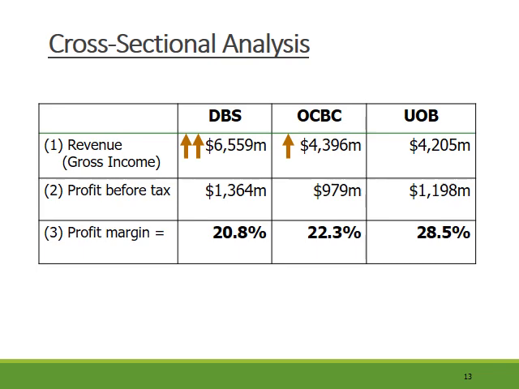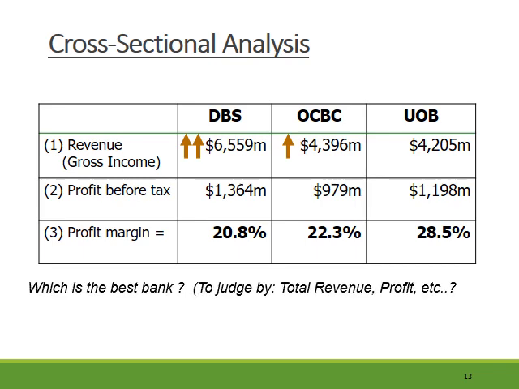Let's compare the three local banks, DBS, OCBC, and UOB. Judging on the revenue, DBS has the highest value, 6 billion, followed by OCBC, 4.3 billion, and UOB, 4.2 billion. Which is the best bank? How do you judge?